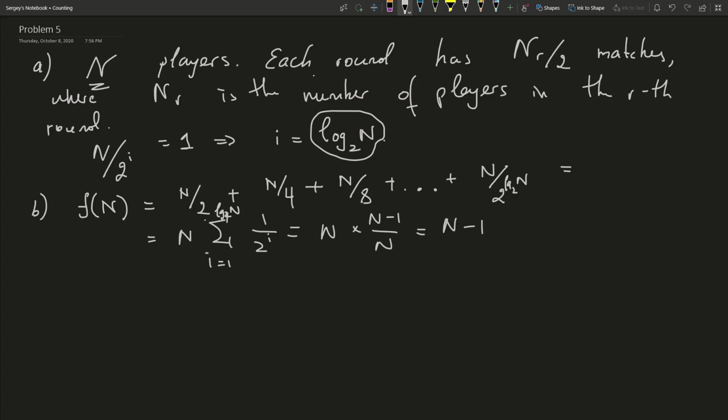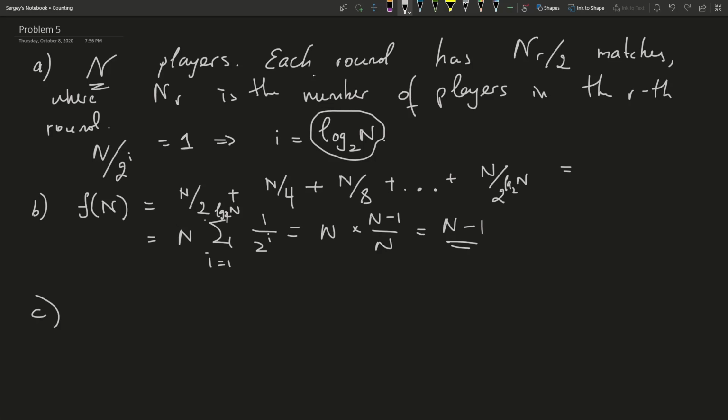If you're unsure about that, this isn't really the crux of the problem or the counting portion, so you can plug this into something like Wolfram Alpha, and it'll give you n minus 1 over n. So n minus 1 is the number of matches played in total.